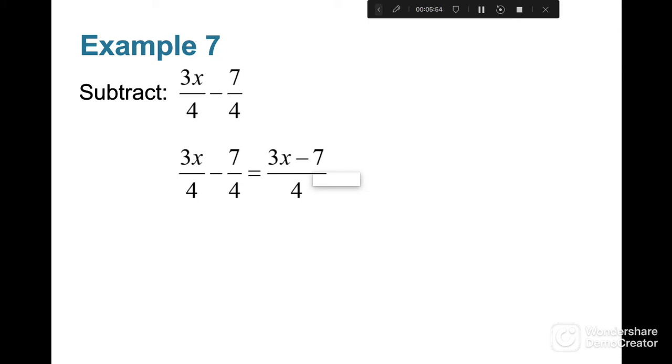I cannot combine those because they are not like terms. I put that over 4. So you cannot work it out any farther than that. If one or both of those numbers could reduce by 4, then I could make it lowest terms, but neither one of those can reduce. So we have to just keep them separate.